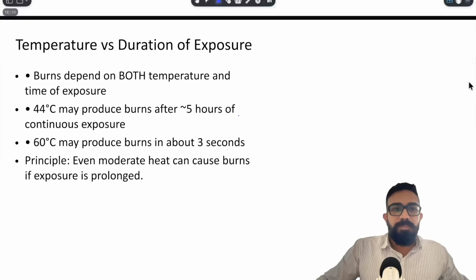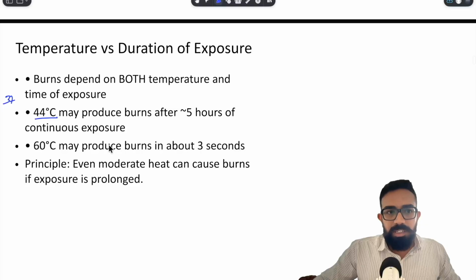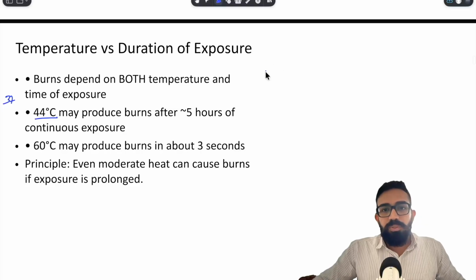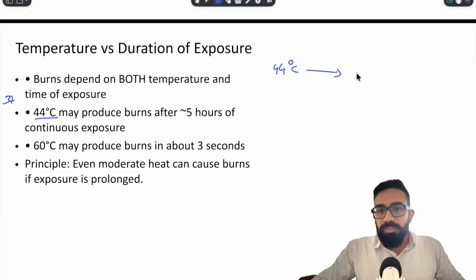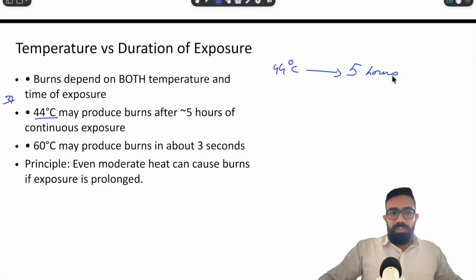For example, let's say that 44 degrees Celsius is a very low temperature, slightly higher than our body temperature, which is 37 degrees. So 44 degrees Celsius heat is required to produce burns if it continues to affect the skin for continuous 5 hours.